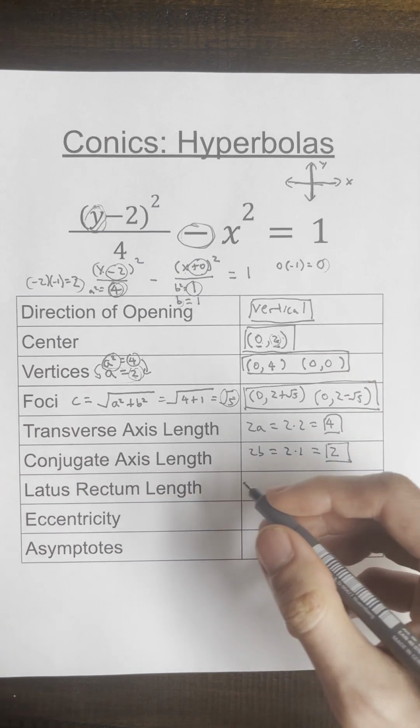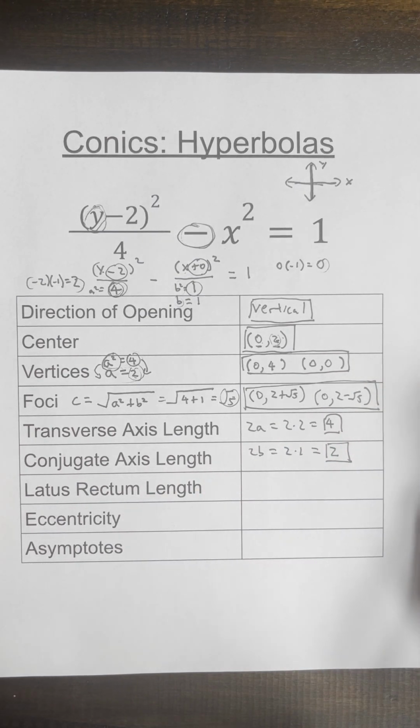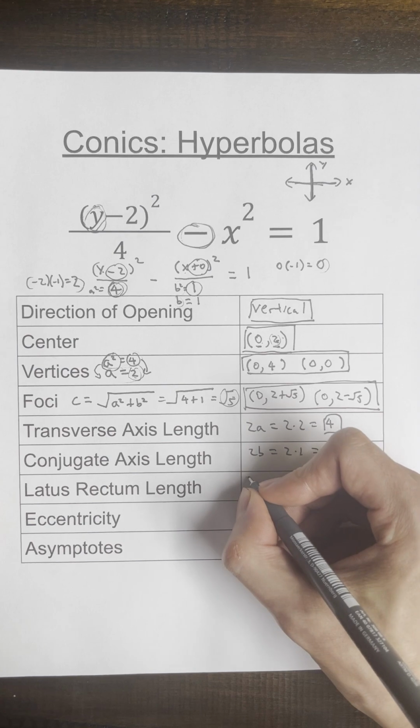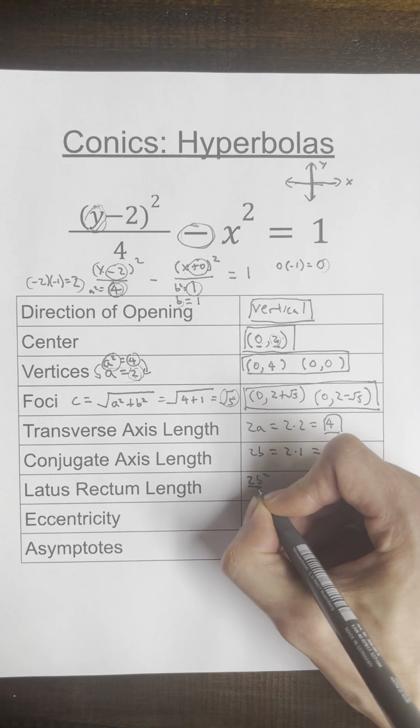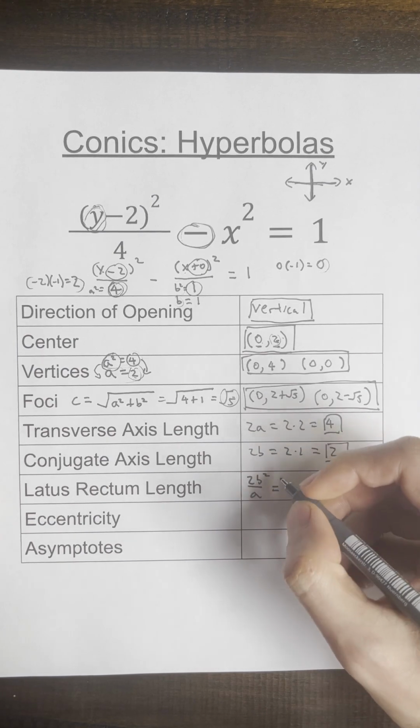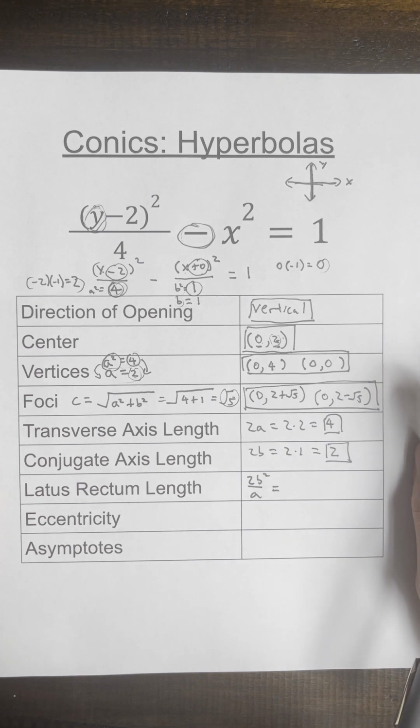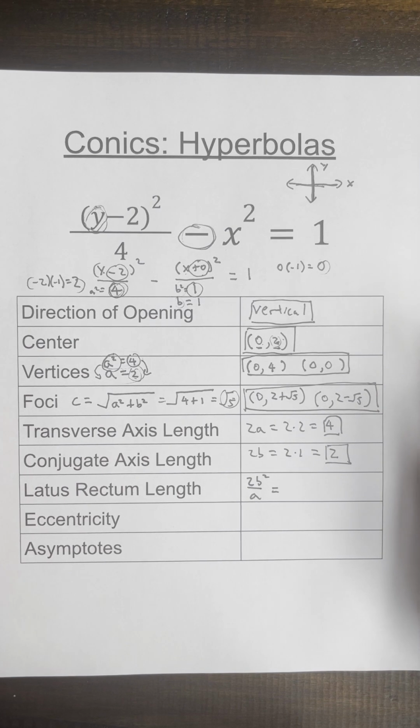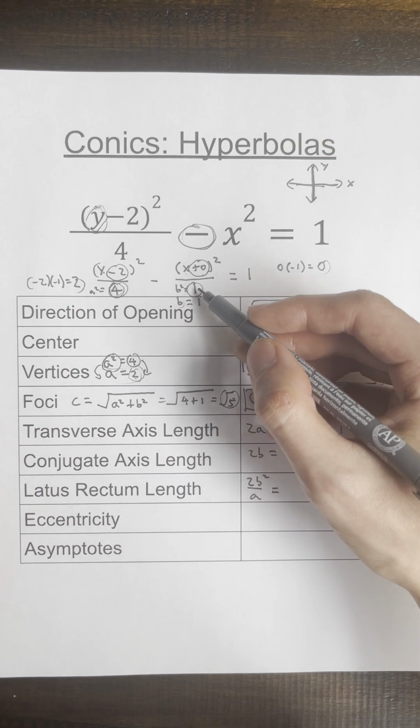What was the formula for latus rectum length again? The formula for latus rectum length was 2b squared over a. How much was b squared again? B squared was equal to 1.